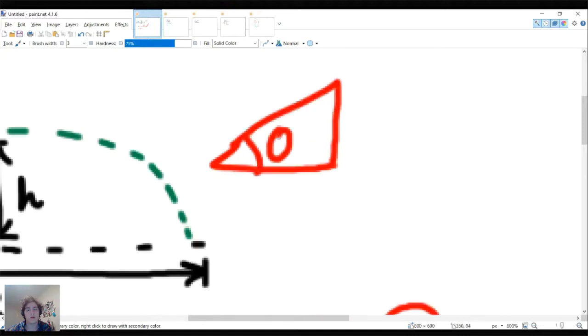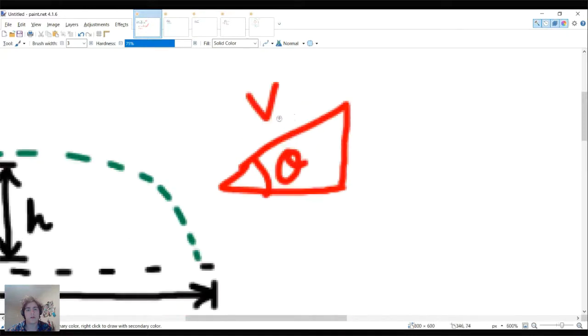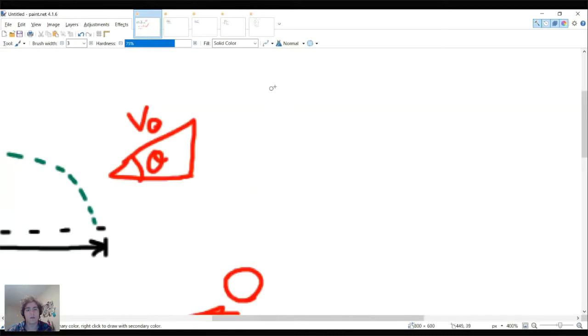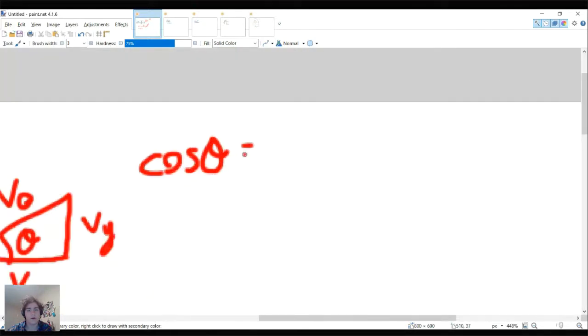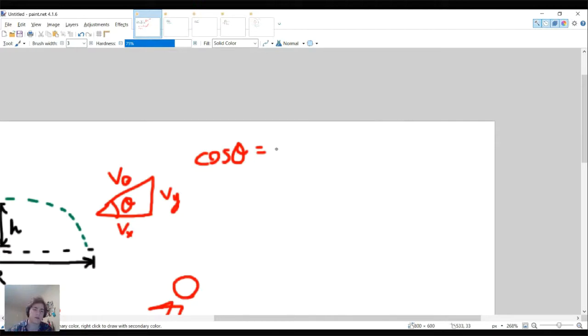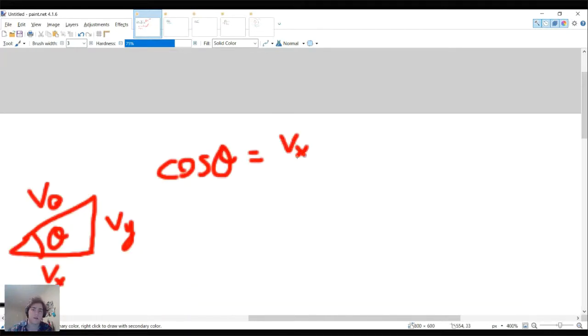This makes an angle theta, and this is v0. So the first thing is cosine theta. We're trying to find, first off, vx and vy. So cosine theta is adjacent over hypotenuse, which is vx over v0.